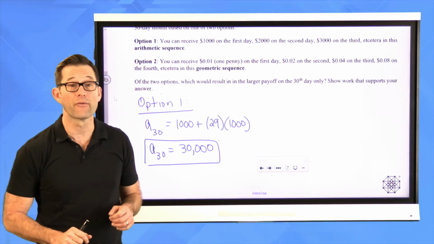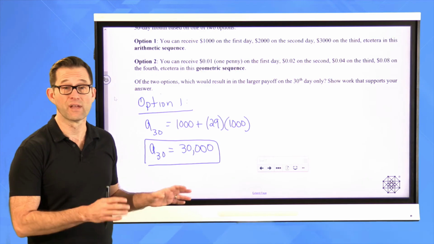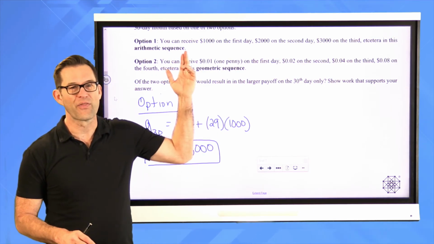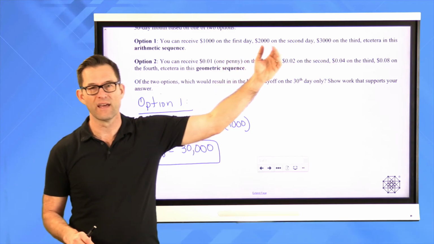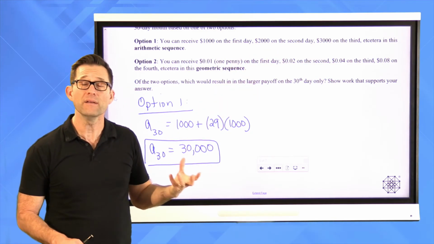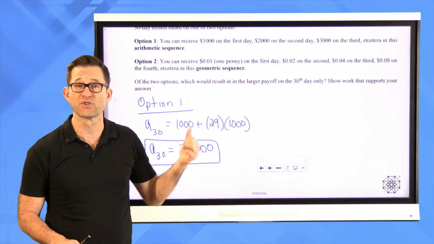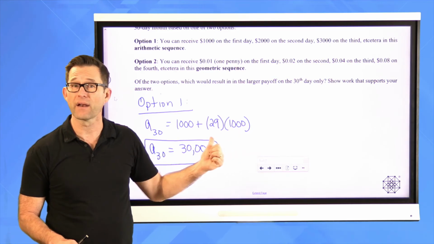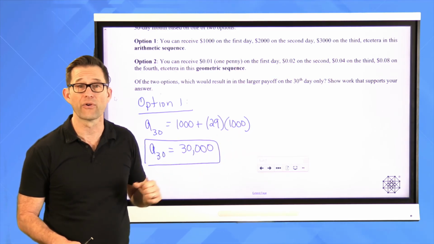That's a good payoff, $30,000 on the 30th day. Again, it's a little bit of a silly situation because if you're getting 1,000 on the first day, 2,000 on the second day, 3,000 on the third day, you're obviously getting 30,000 on the 30th day. But it is still an arithmetic sequence. You're starting with 1,000. The common difference is 1,000, and you add it on 29 times to get to that 30th day.